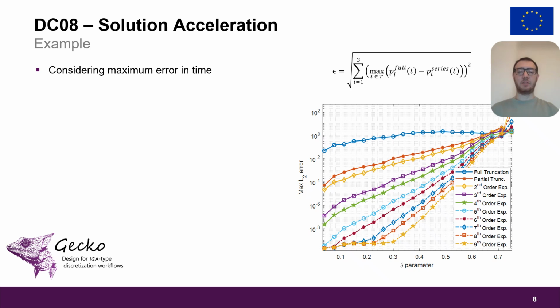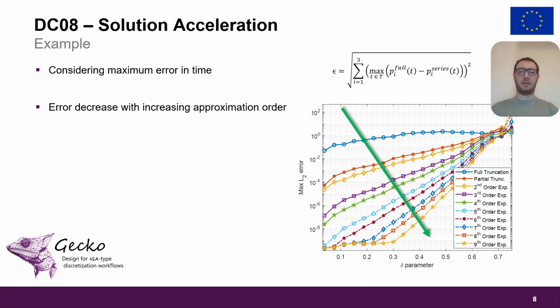This delta parameter depends on where we cut off our fundamental solution, and it basically means an increase in the delta parameter means we start our truncation earlier, so we include fewer matrices in time and replace them with the Taylor series expanded matrices.